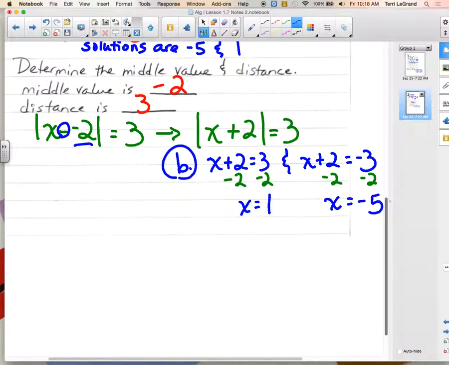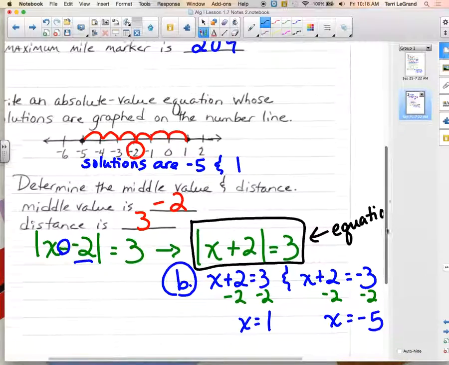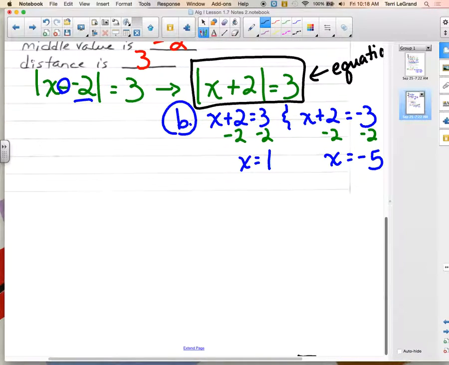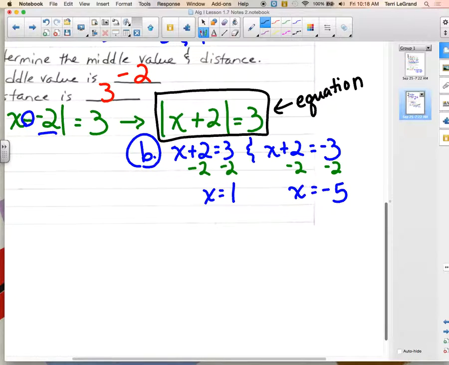So if you were successful at that, you might want to get that cleaned up in your notes. This is how we would see the answer in an answer bank. Cleaned up. If you are told to write an absolute value equation to represent the solutions, you want to make sure you clean it up also.